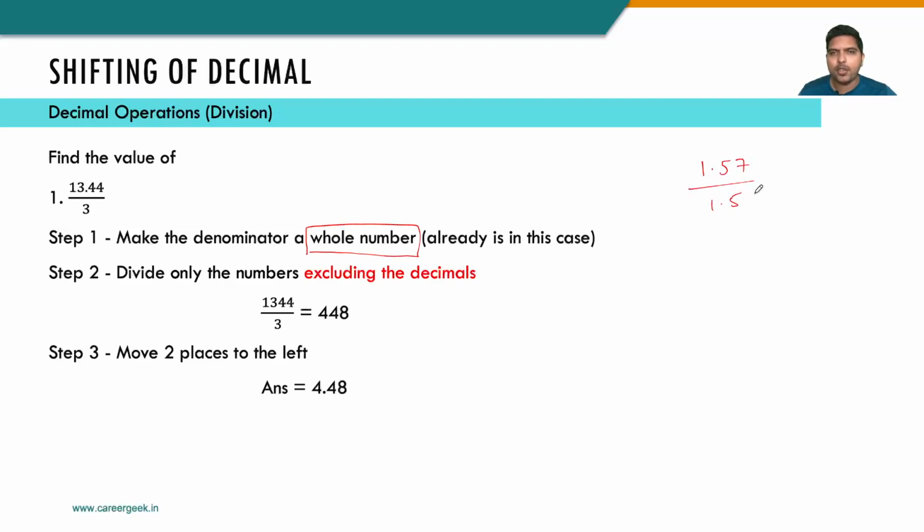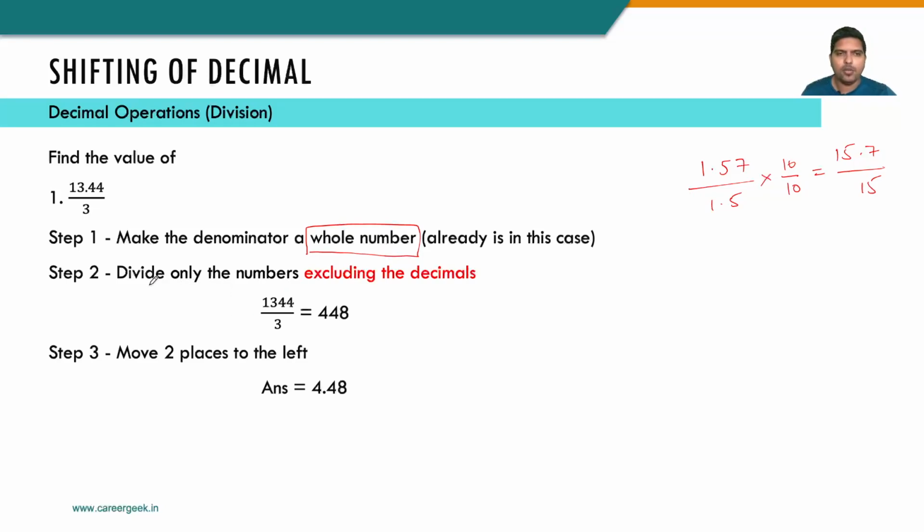So you'll need to let go of the decimal. So there is one decimal. So you'll multiply and divide by 10 to numerator and denominator. That will give us 15.7 upon 15. Okay, this is going to be your step number 1. So that it becomes easy for us to basically divide.